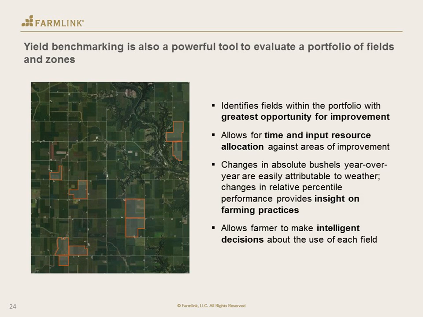A portfolio view can also be used in year-over-year analysis to measure how implementation of decisions and practices are impacting the portfolio's performance. Ultimately, this kind of knowledge can help farmers and their advisors identify trends and inform intelligent decision-making on land use, improving overall farming outcomes.